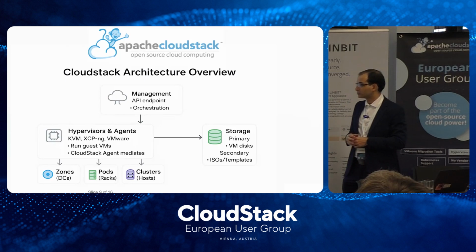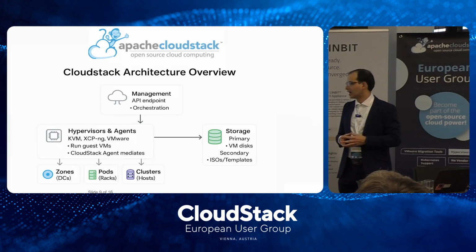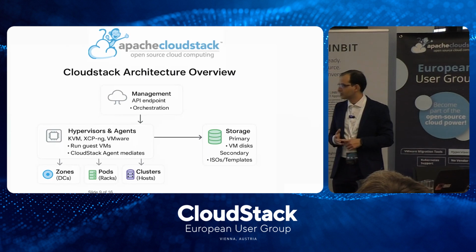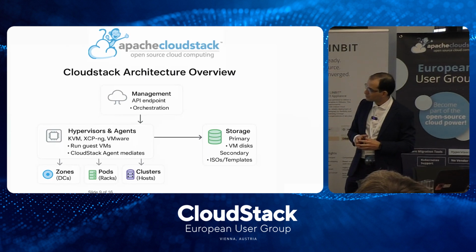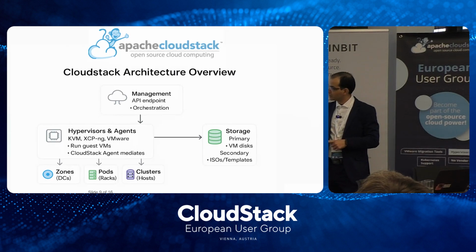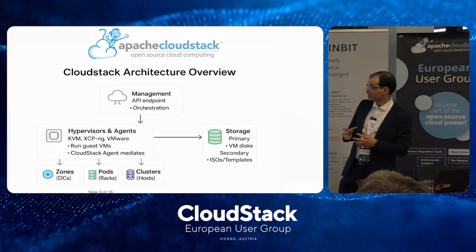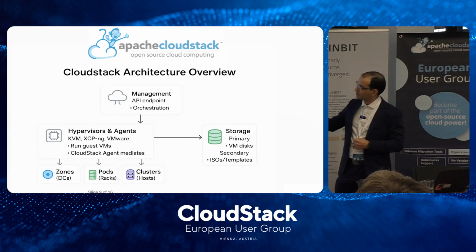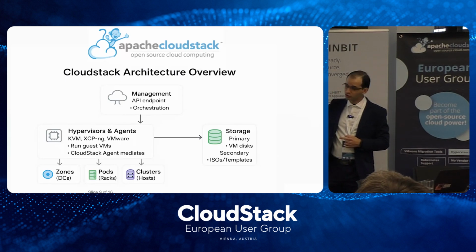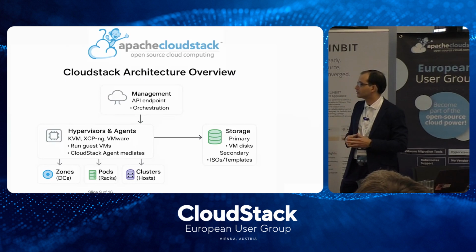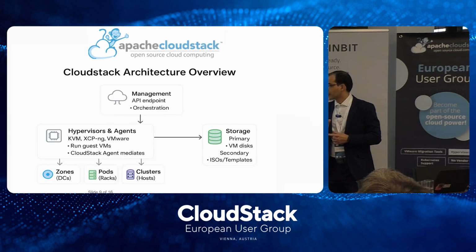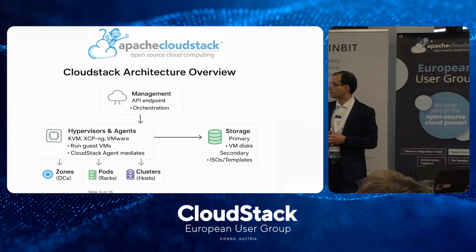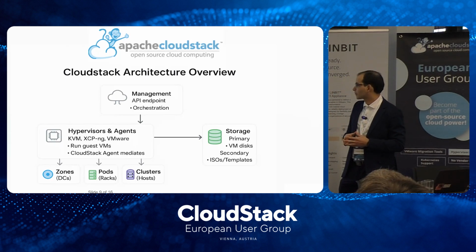We can use almost every hypervisor, but I have basically used KVM and XCP-ng. In those hypervisors, you need to install the CloudStack agent, which is the tool that mediates between the CloudStack management server and the hypervisor to manage the resources. And of course, the hypervisors are the ones that run the VMs, the virtual machines.